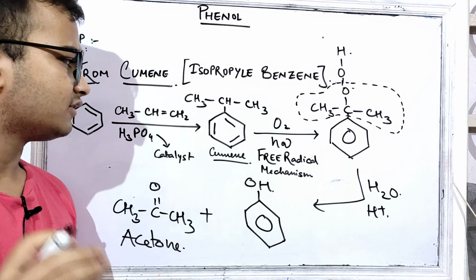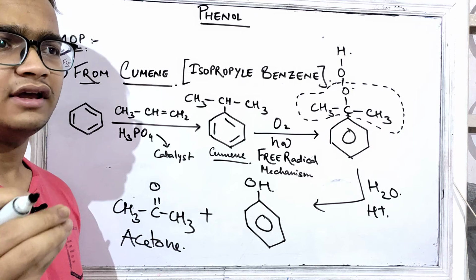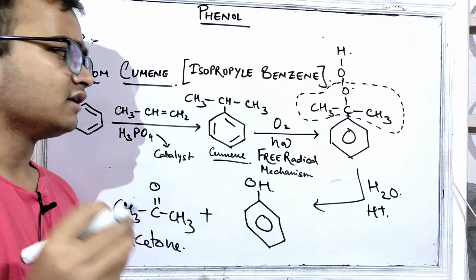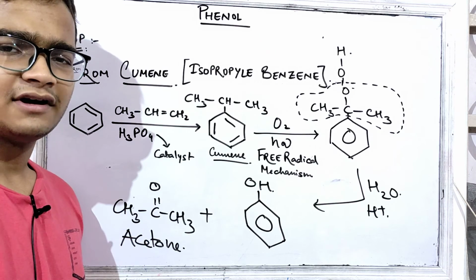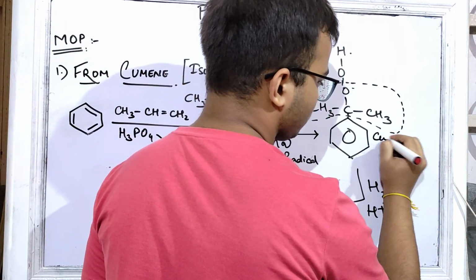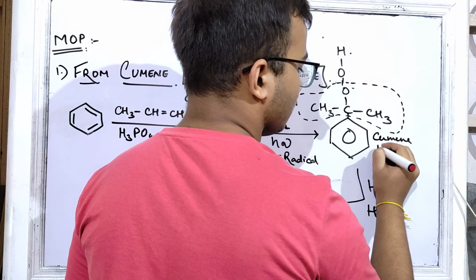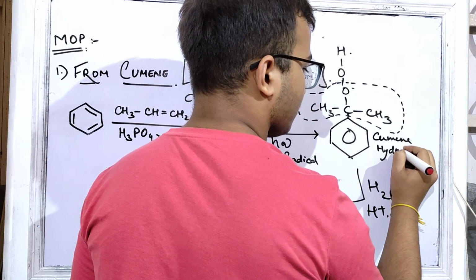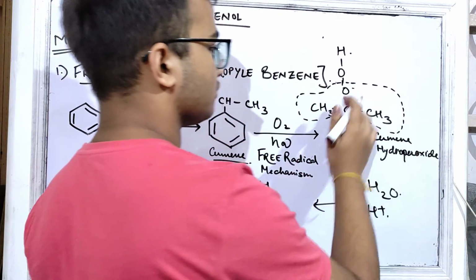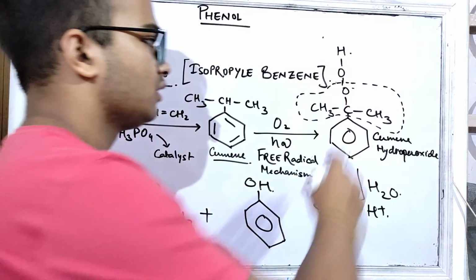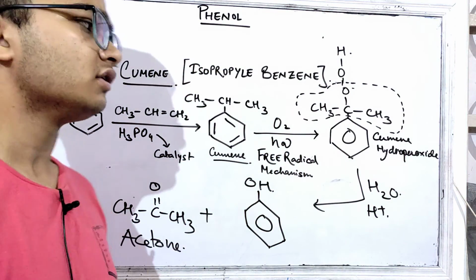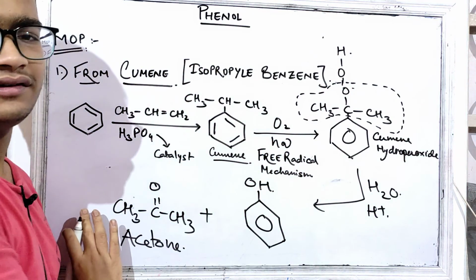After that, we take the aerial oxidation of cumene in presence of h nu or sunlight. The reaction occurs by free radical mechanism, as a result of which we get cumene hydroperoxide. Now this cumene hydroperoxide, when you treat it with acidified water, you get phenol and acetone, right?